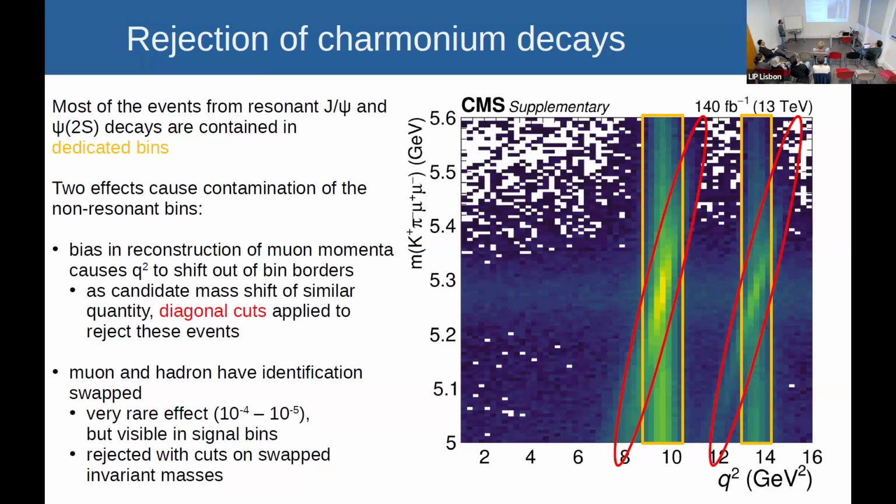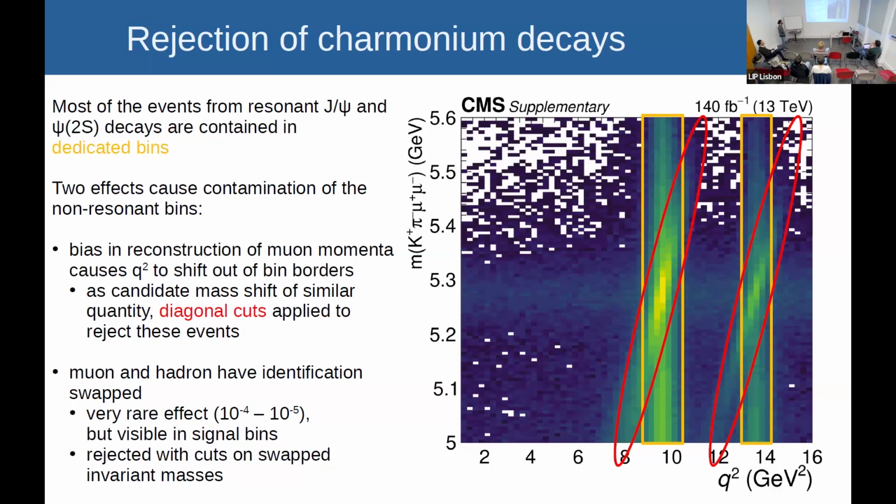When we then compute the two-muon invariant mass, we are not using the actual two muons that would resonate at the J/psi or psi(2S) value, but one muon and one track, which has different q-square values.